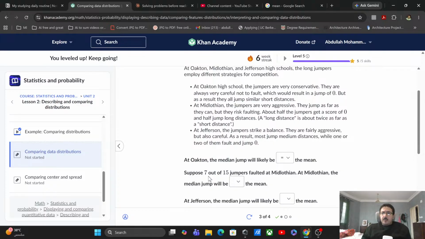The jumpers jump as far as they can, but they risk a fault. Half the jumpers get a score of 0. Half jump long. Score of 0. Long distance is about twice as far as short distance. So the median is going to be 7 and a half.